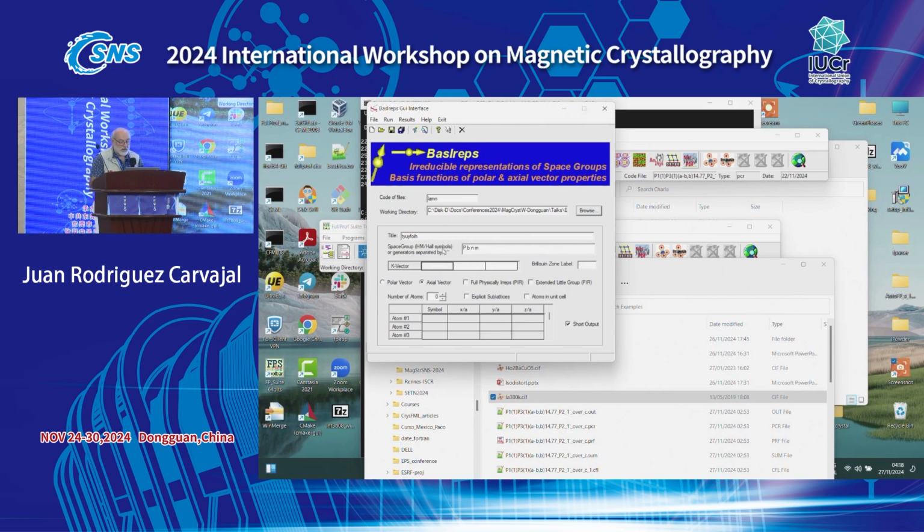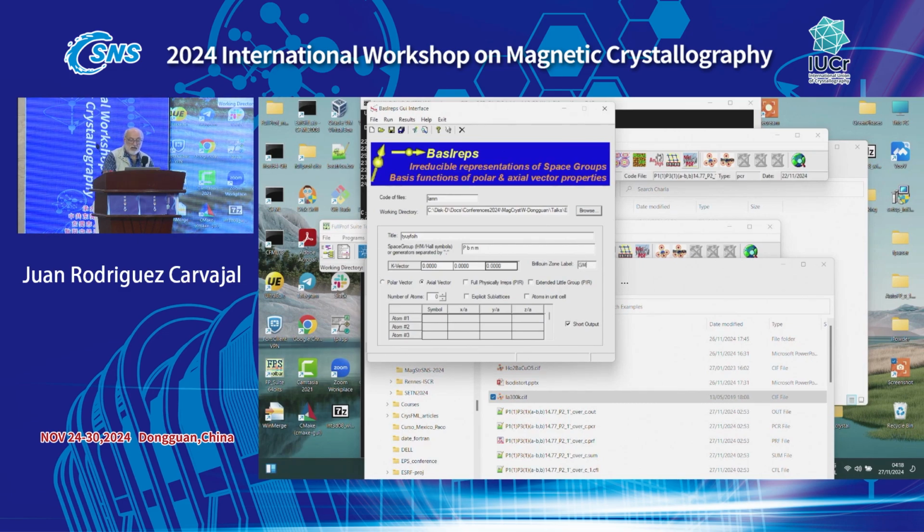And this particular case, that will be treated by Françoise Damay this afternoon, I think, is lanthanum manganese. It's very simple. Yes, propagation vector 0, 0, 0. That means that you have the same periodicity of the magnetic structure as the crystallographic structure. Then you put here it is the gamma point.